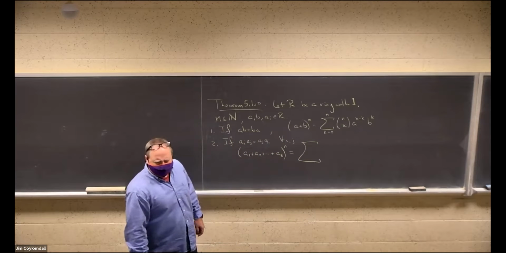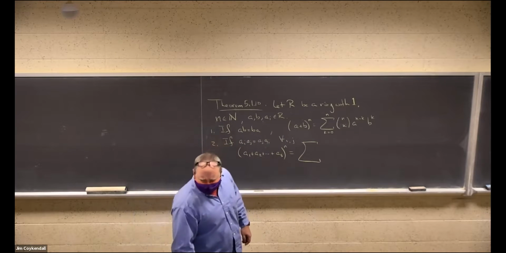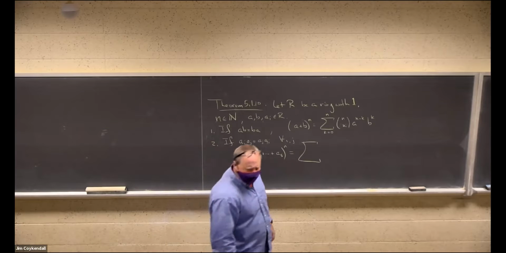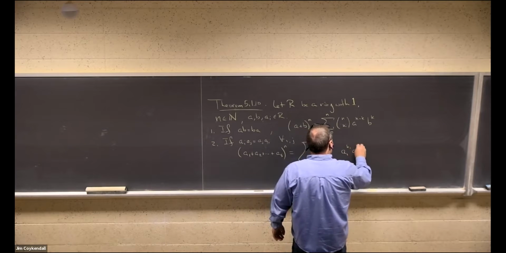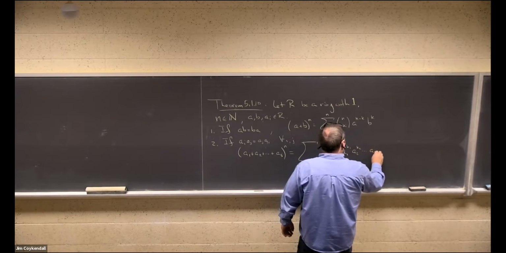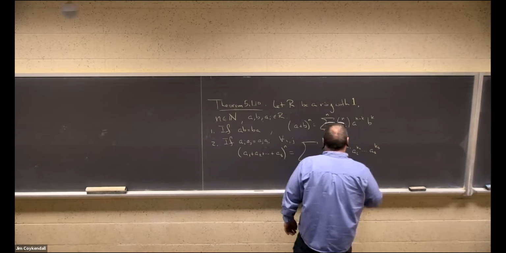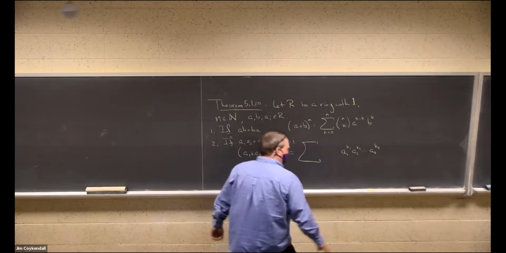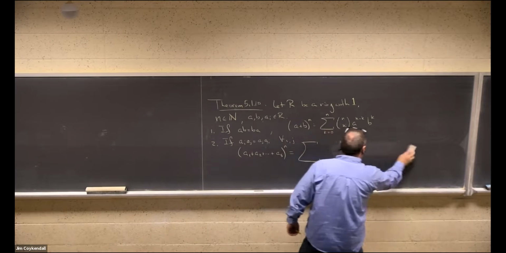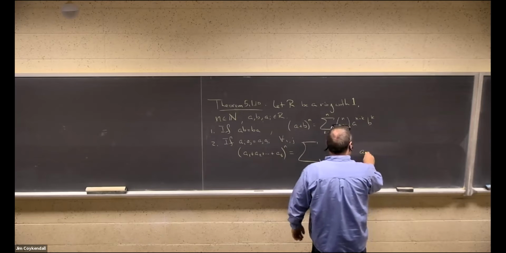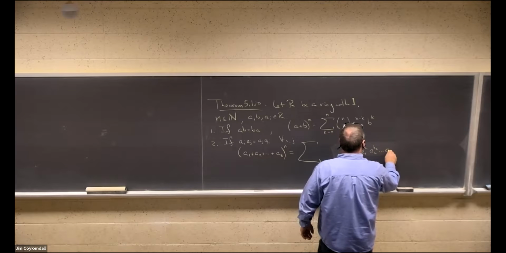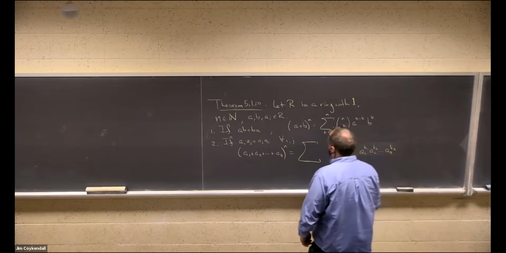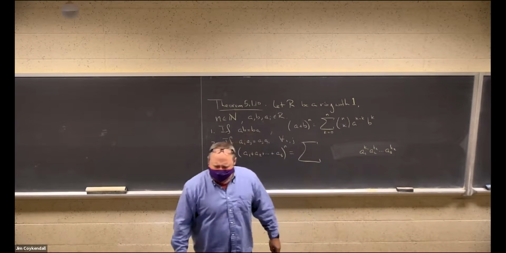So here's the more general thing. It's powers of this, k_1 through k_s, and what's my multiplier?